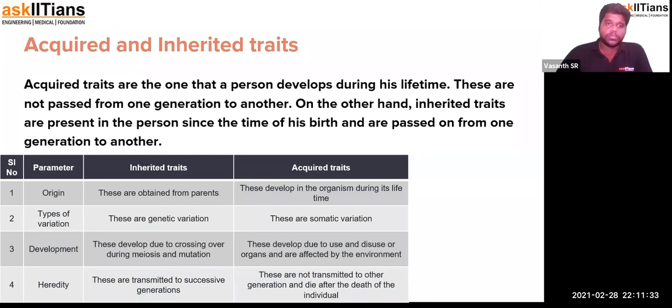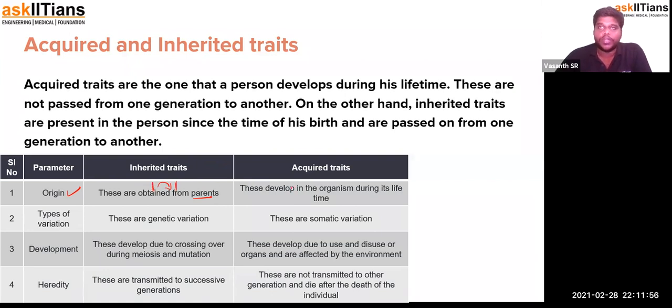There are a lot of differences that you can see between inherited and acquired traits with respect to different parameters. The parameters include origin. Where are they obtained from? In the case of inherited traits, they are obtained from the parents, passed on from one generation to the next generation.